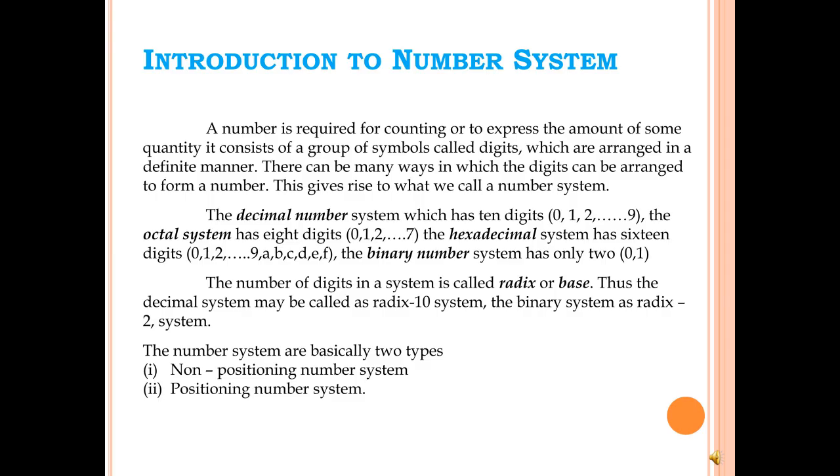Then we have the hexadecimal number system, which has 16 digits, starting from number 0 to 9, and after that A to F. As you can see, after the number 9, the English alphabetical letters A, B, C, D, E, F have been mentioned.